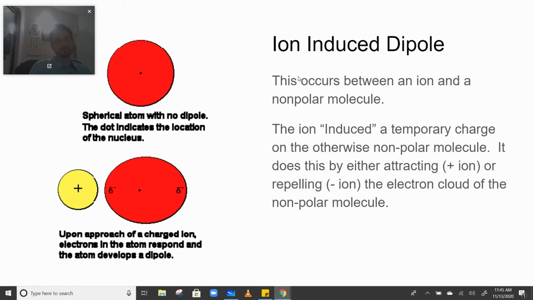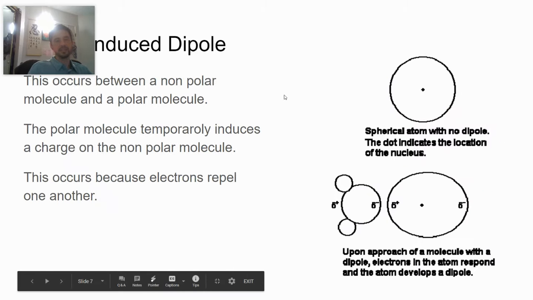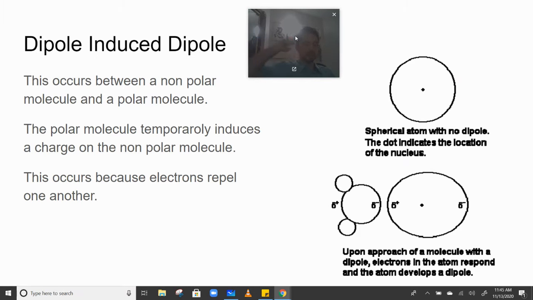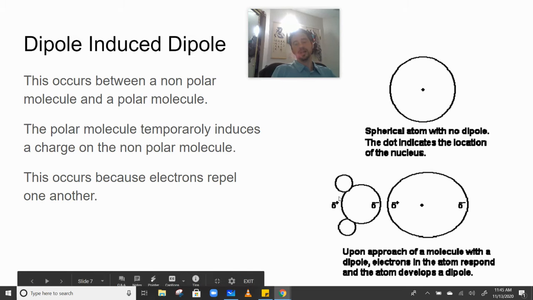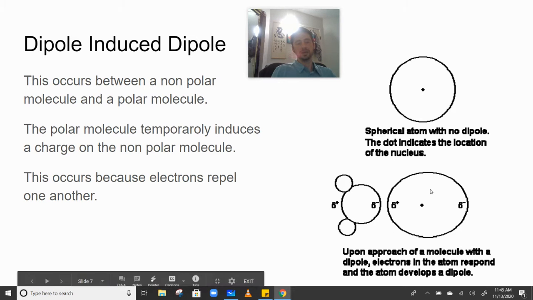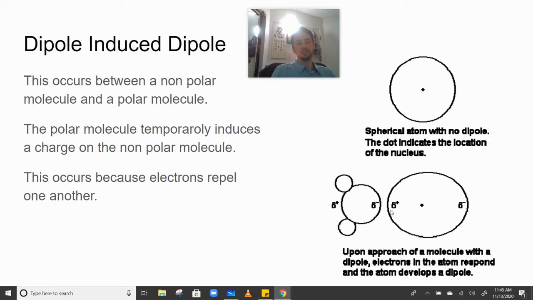Okay, next one is dipole-induced dipole. If you have a molecule that has a dipole moment, so a polar molecule, and it interacts with a molecule that is not polar, it will create a temporary dipole for that nonpolar molecule. Pretty simple, right?